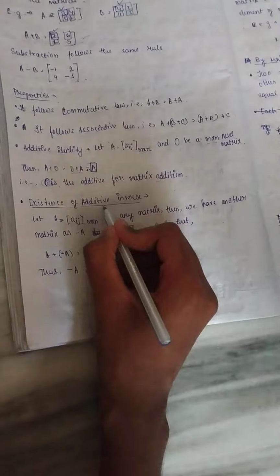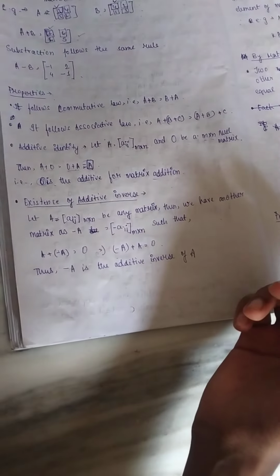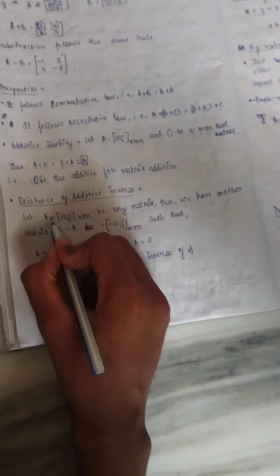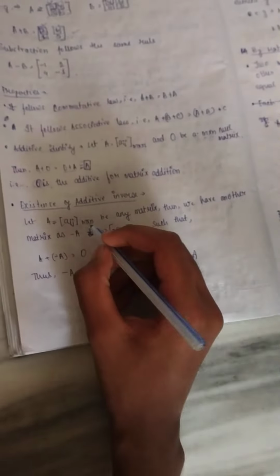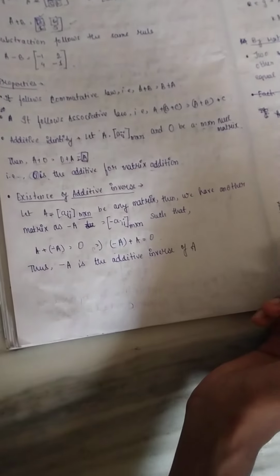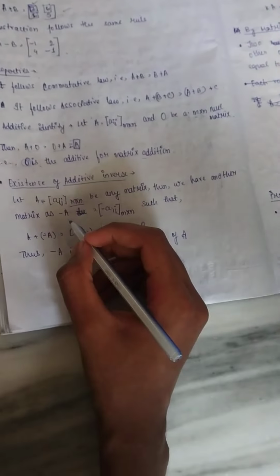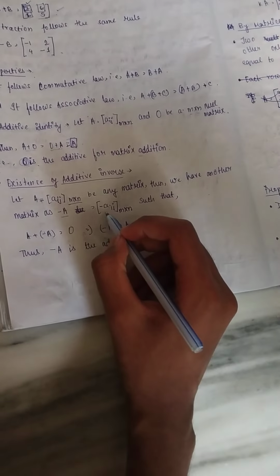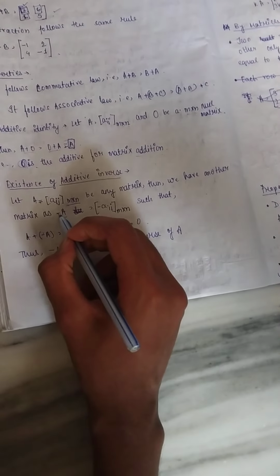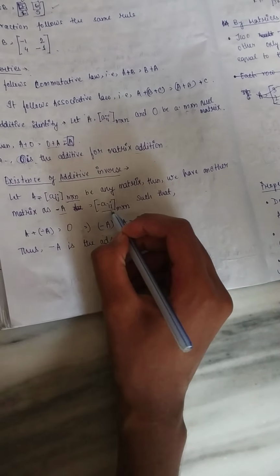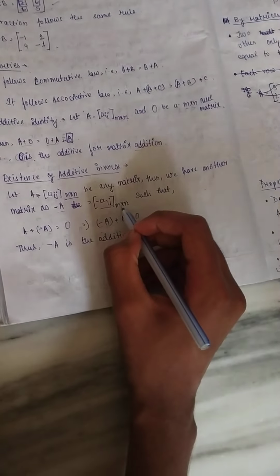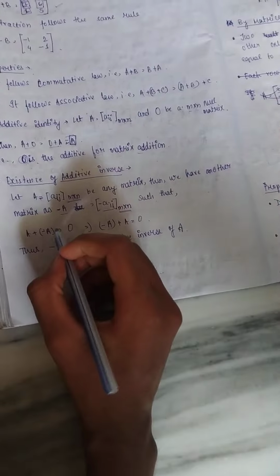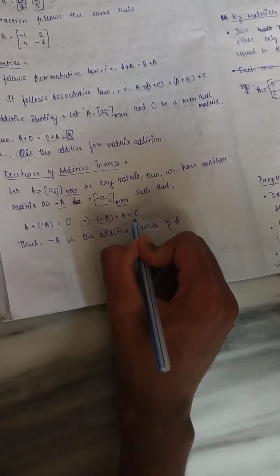Then comes the concept of additive inverse. If A is a matrix of order m by n, then another matrix exists as minus A, same as the previous one with only the negative elements, minus Aij, and the order is the same, m by n, such that the sum of these two gives a null matrix.